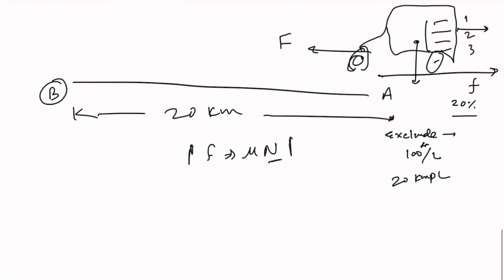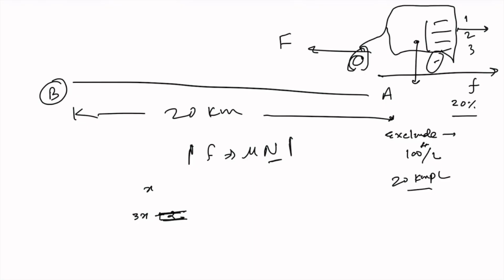So in order to find out what should be the price, let's assume the charge of one person from A to B would be X, and there are a total of 3 people, right? And we need to charge a 20% margin on cost. Well, let's assume we have to relate it with the cost. So 3 times x would be 20 kilometers, and the fuel efficiency is 20 kilometers per liter.